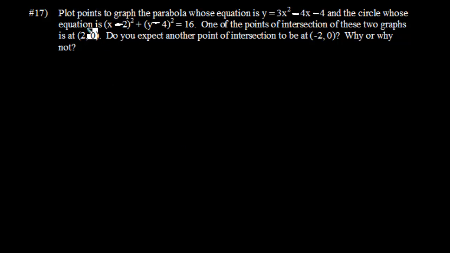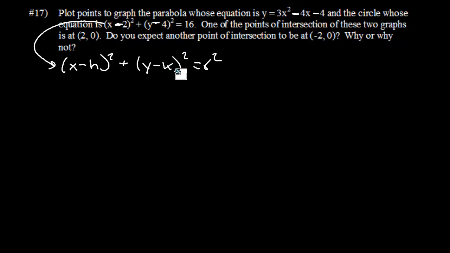The circle, if you remember anything about circles, I hope that you do, the general form of a circle is like so, where h, k is the center of the circle and r is the radius.